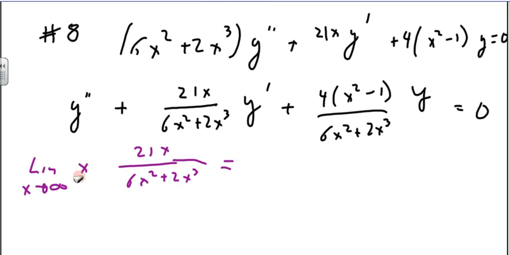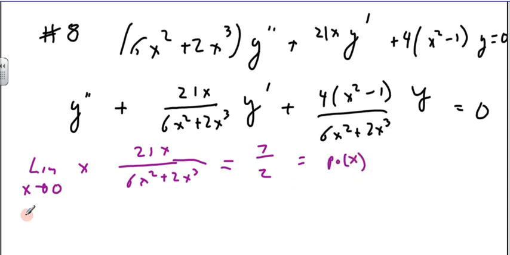Maybe I better have the limit go to the right place, 0. What am I going to get? The x cubed term goes to 0, these terms go away, and I have 21 over 6, which is 7 over 2, which is my p0(x).